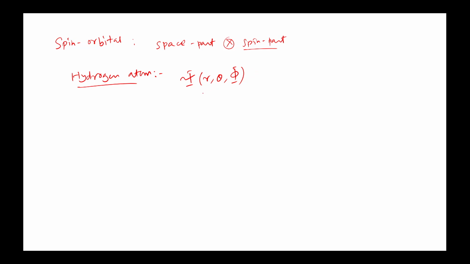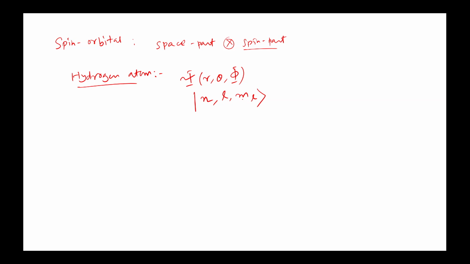So this gives us basically three quantum numbers that we denote as n, l and ml, where n is your principal quantum number, l is the azimuthal quantum number, and ml is the magnetic quantum number. You all know, right?